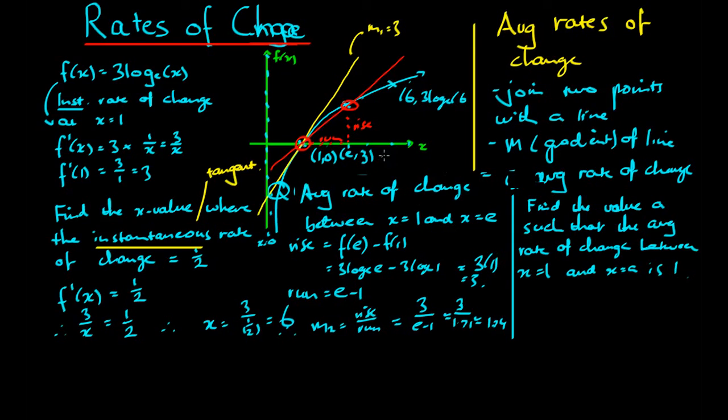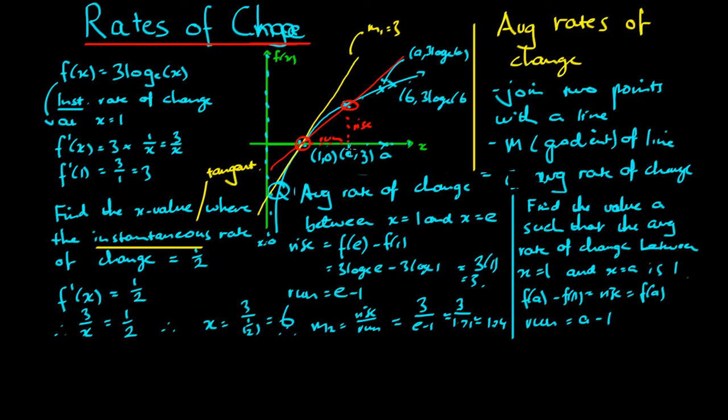So we set up our formula again. We've got some value a along here, and it's got this coordinate a, 3 log e a. So the difference in height between this point and this point up here is equal to f a, take f 1, and since f 1 is 0, this is just simply equal to f a. And the run is equal to a, take away 1.